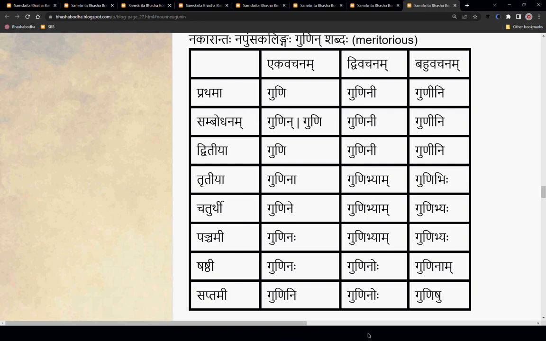That holds for any Pullinga, Napumsakalinga shabda. They vary only in Prathama and Dvitiya. From Tritiya onwards, everything is the same. Up to Saptami. Okay.